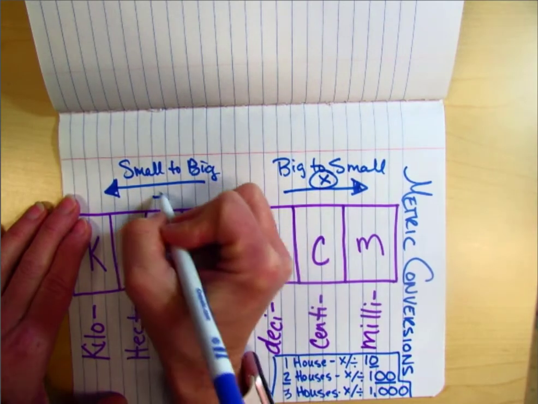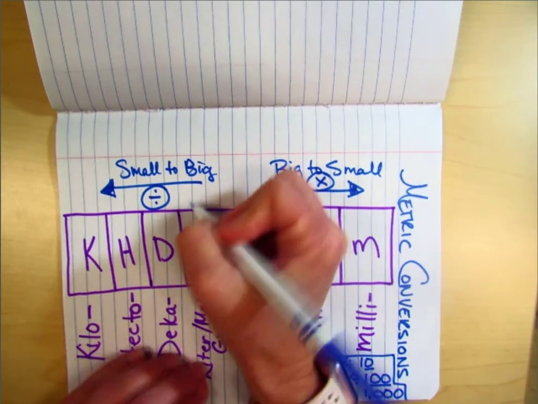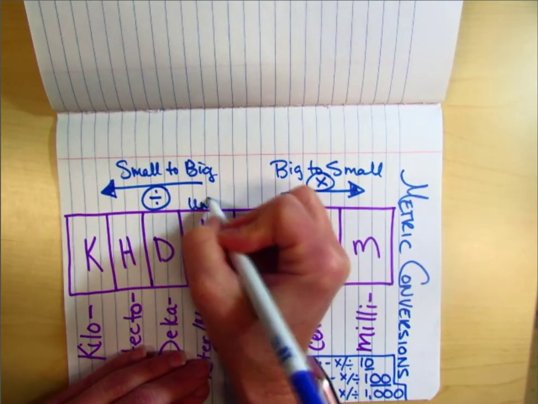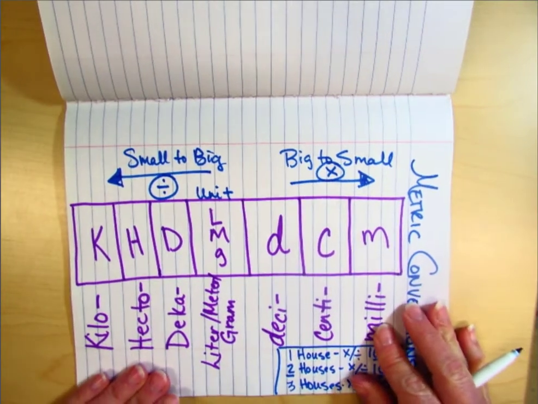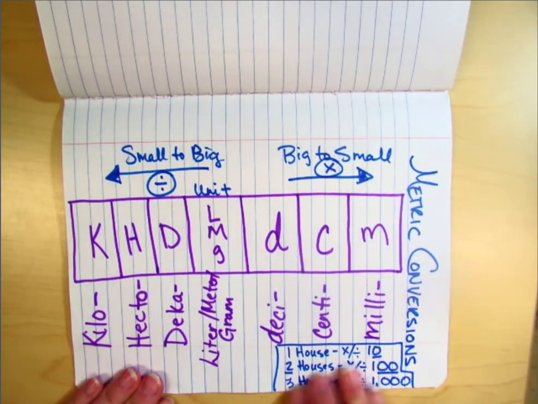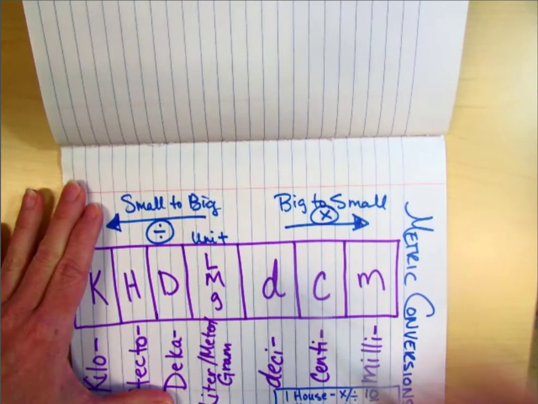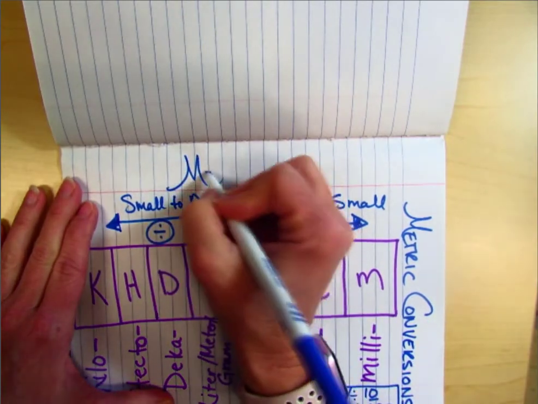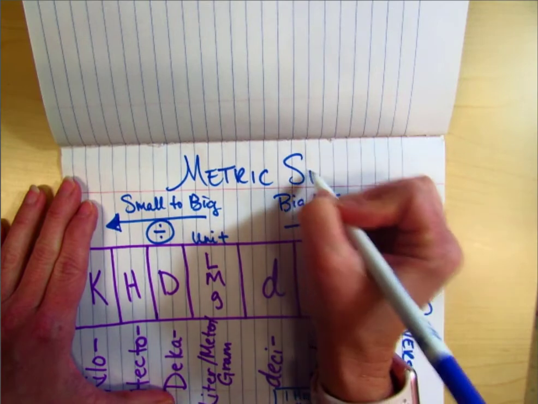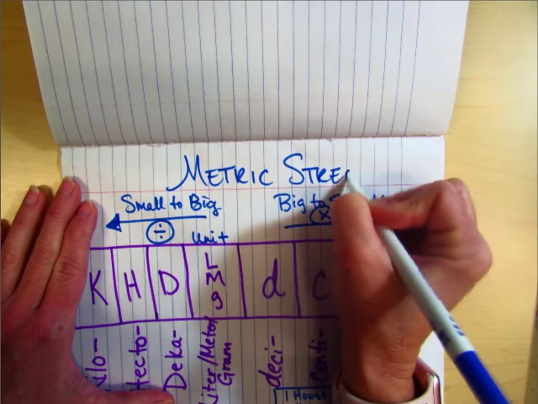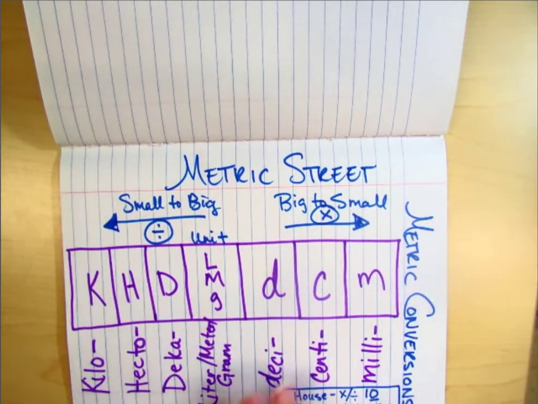So we divide. And this, again, is the unit we're using depending on what measurements we're converting. So if you think about this as metric street and you're using the houses to determine what you do, it's going to make a lot of sense.